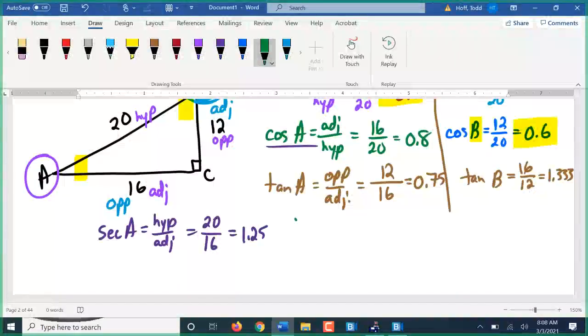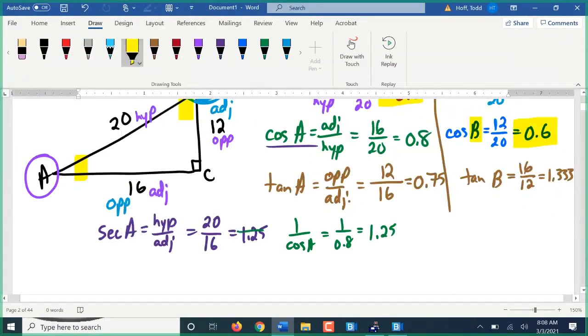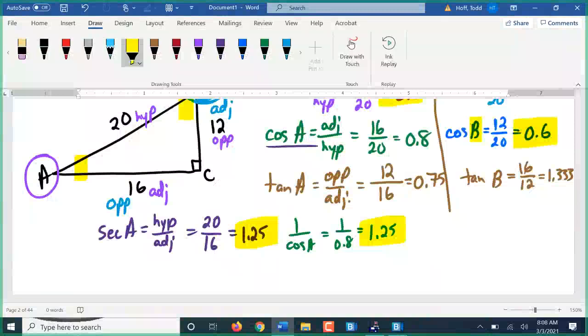Note that if I took 1 divided by the cosine of A, that'd be 1 divided by 0.8, which is also 1.25. So on my calculator, there is no secant button, but I'll be able to calculate it using cosine.